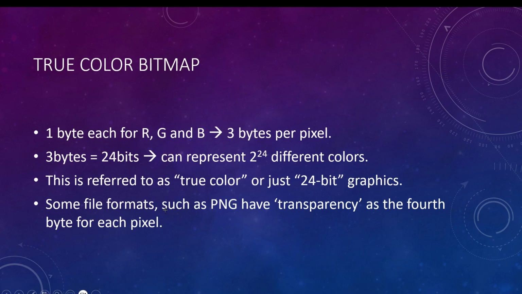Oh, in some file formats, such as PNG files, have transparency as the 4th byte for each pixel. So if you have say 50% transparency, it doesn't change anything about the picture, but when you overlay 2 pictures, then the one that comes later will have transparency in it.